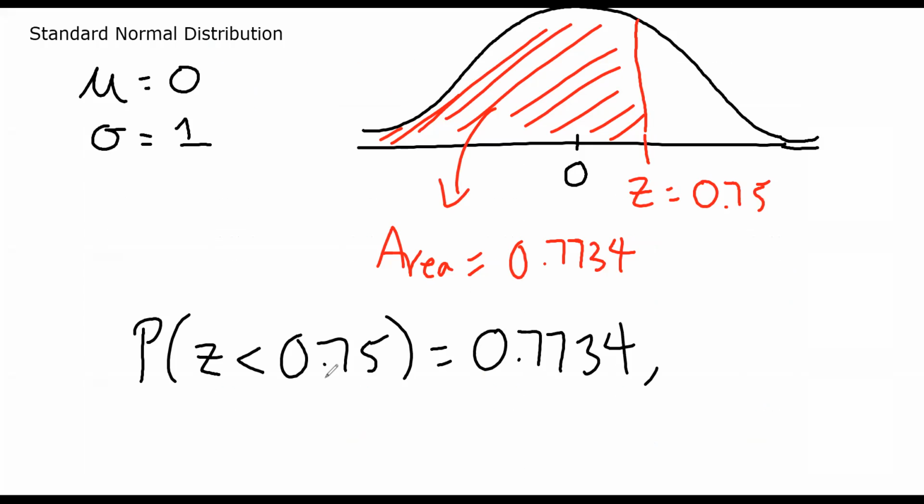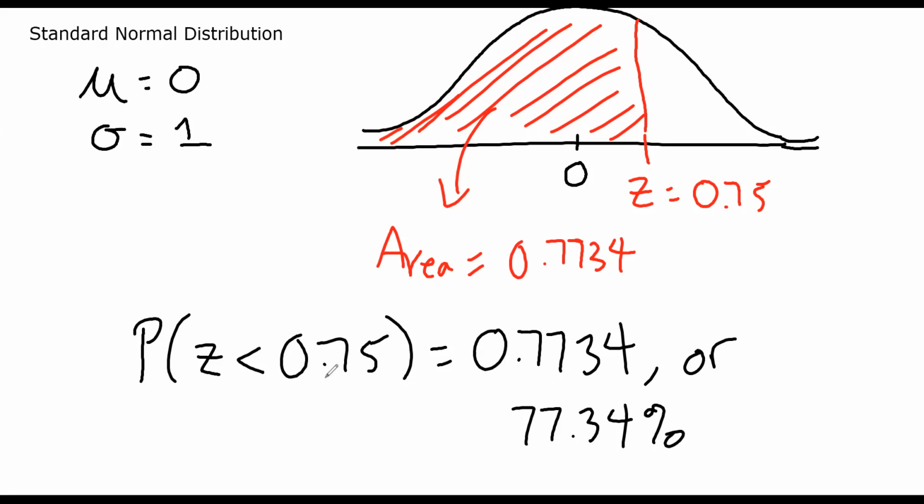But when you talk about probabilities, you usually talk about them as percent, so it'd be 77.34%. So any area under a bell curve can be thought of as a percent or as a probability of the value landing in that portion of the number line on the bottom.